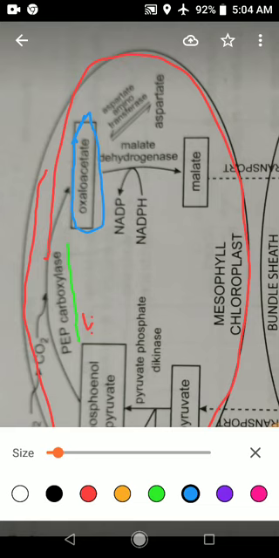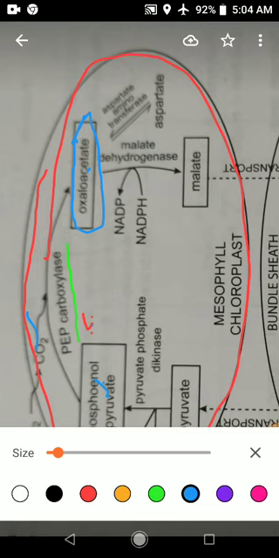It is formed from phosphoenol pyruvate. So this is phosphoenol pyruvate and carbon dioxide, both combined. Oxaloacetate or oxaloacetic acid is formed. This reaction is catalyzed by the phosphoenol pyruvate carboxylase enzyme.